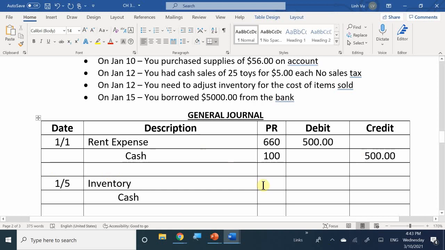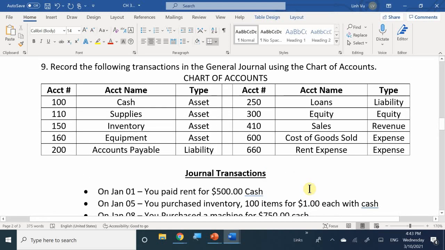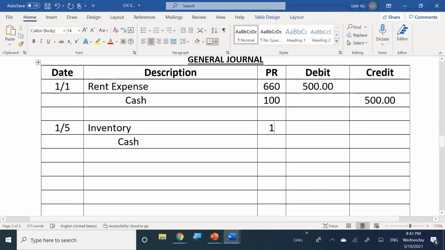My account number for inventory is... What is my inventory account number? It is 150. Perfect. 150, and my cash was once again 100.